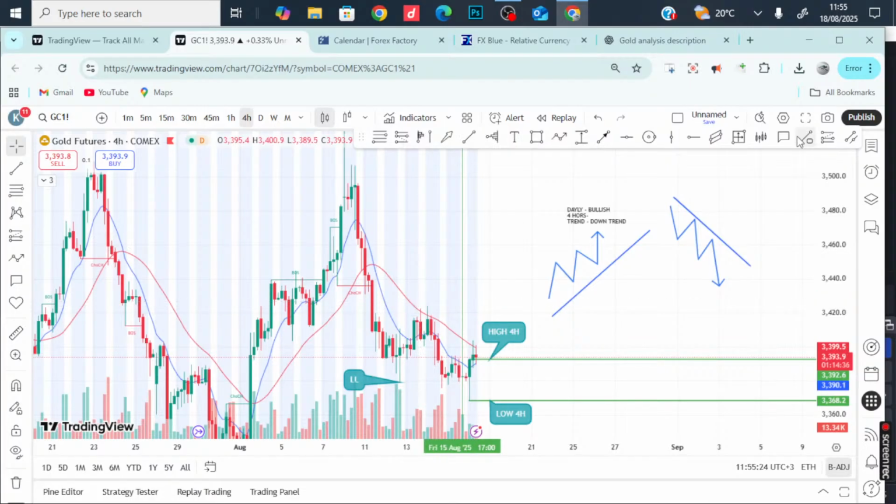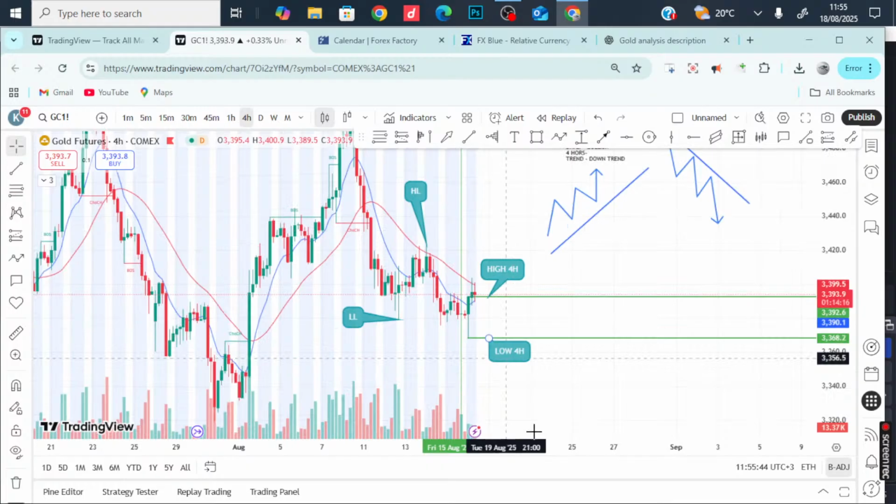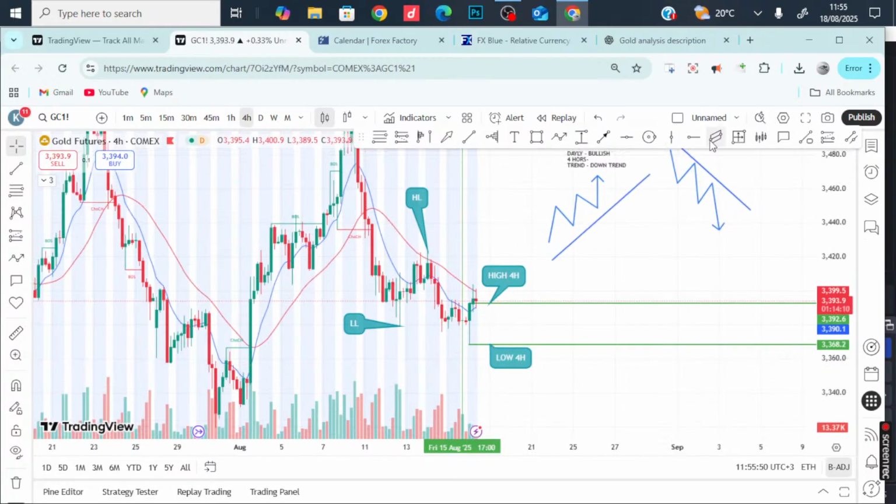So the market moved now to a higher low, then it moved now to here, which is a lower low, created a lower low.